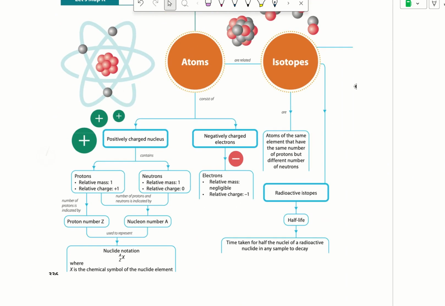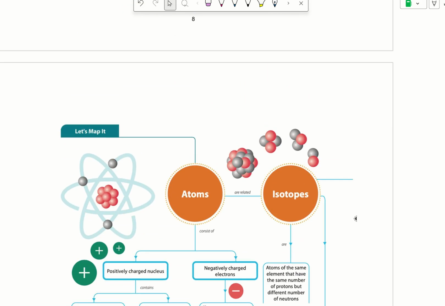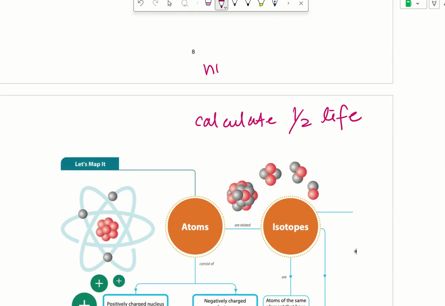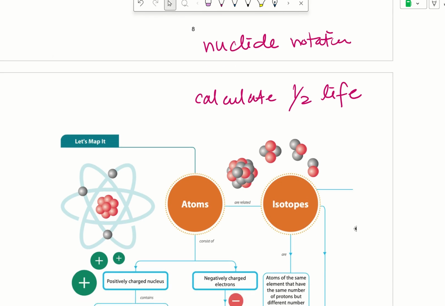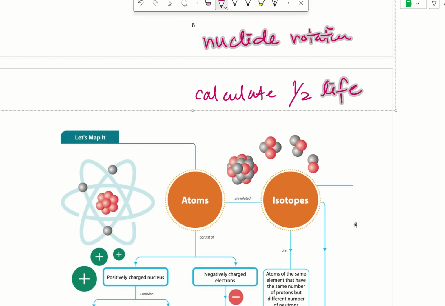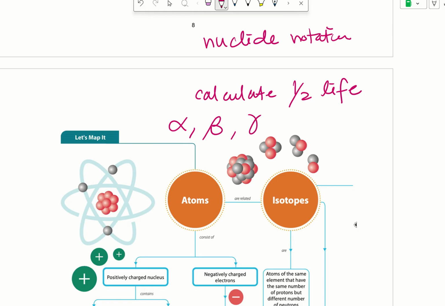So I think you need to know how to calculate half-life. If you look at your tutorial, most likely they'll ask you to calculate half-life. They'll ask you to do your nuclide notation. That's a simple one, calculating the number of neutrons and all that. They'll ask you to talk about what is alpha, what is beta, and what is gamma.